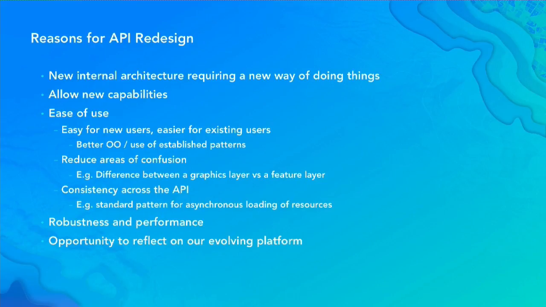So we started the Quartz project about 4.5 years ago to come up with a brand new architecture. And that's based more around a core C++ code base, where almost all of our business logic is implemented once in C++, and then it's exposed out through the appropriate APIs. And we'll get into the details of that architecture in a bit. But because we were overhauling the internal architecture, we also felt it was right for us to completely overhaul the API.